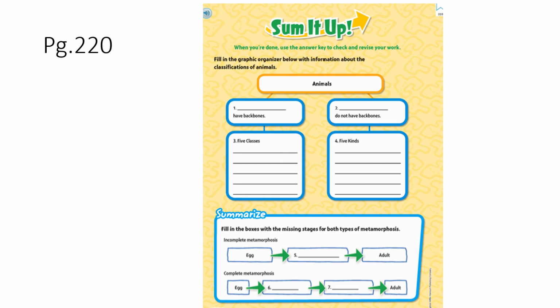It's about the animal kingdom and animal life cycles on the bottom. In number 4, they did put 5 kinds of this group of animals that don't have a backbone. There's really 6 kinds, so if you want to put 6, that would be better. But if you know 5, that's also fine. But try to put all 6 groups.